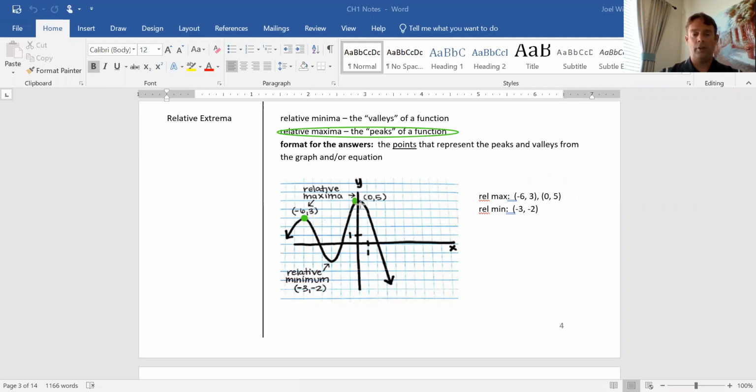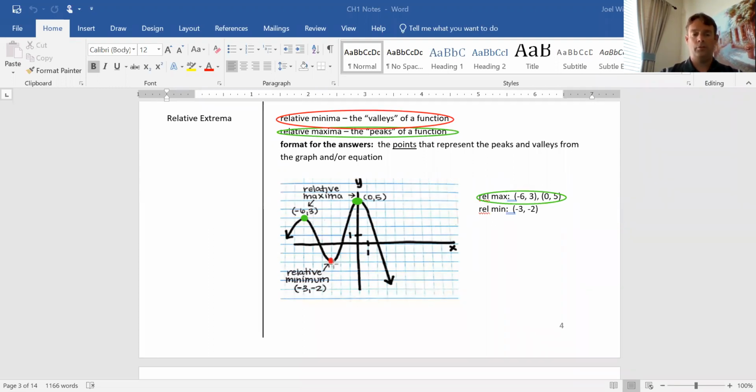Here's the top of it, that is a relative max. Notice what the graph does. It goes from increasing to decreasing at a relative max. A relative minimum is the value of a function when it is at the very lowest.